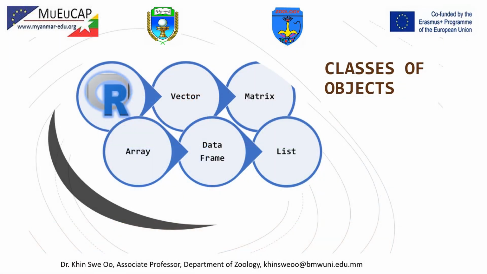Data structures are very important to understand. Dealing with object conversion is one of the most common sources of frustration for beginners. R has many data structures including vector, matrix, array, data frame, list, and so on.